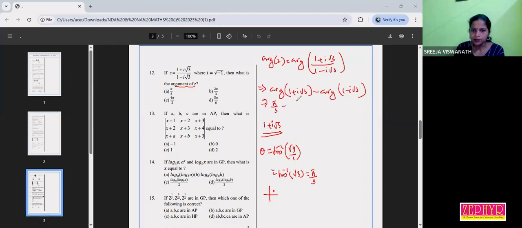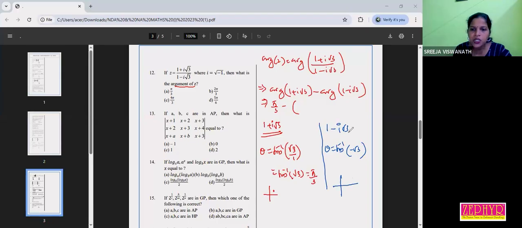Okay. Now listen. What about the argument of 1 minus i root 3? If we consider 1 minus i root 3, theta equals tan inverse of minus root 3. You know that tan inverse of minus root 3 equals minus of tan inverse root 3. That is minus pi by 3. Or you can check like this.